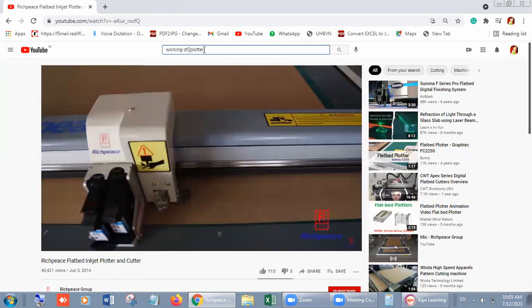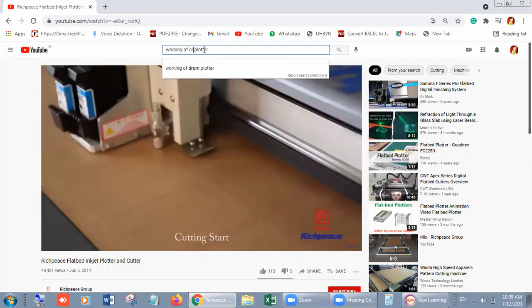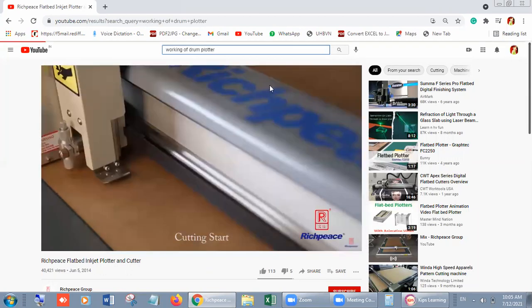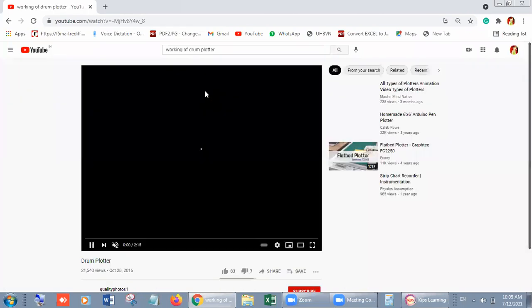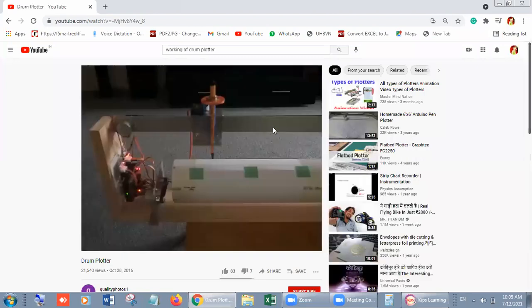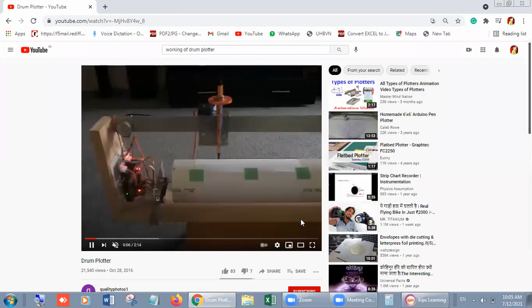And next is a drum plotter. Okay, this is the working of a drum plotter. The inkjet printer is used by the bike customizers, as I told you.